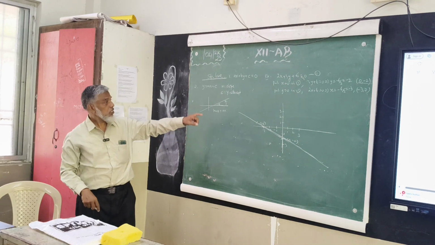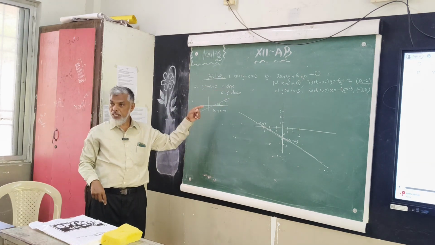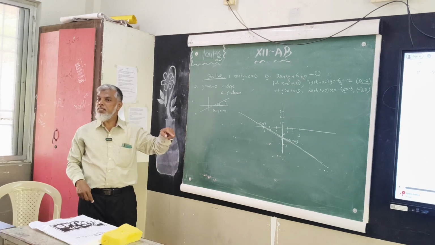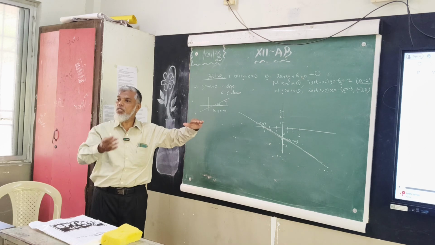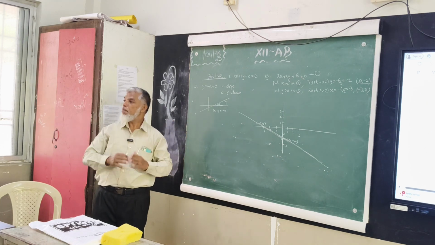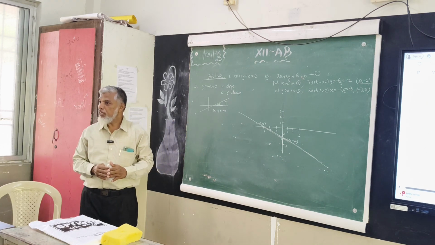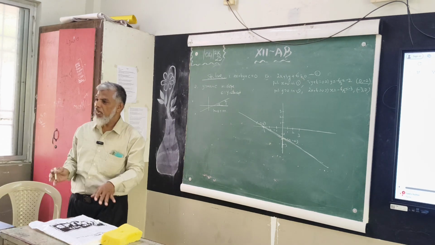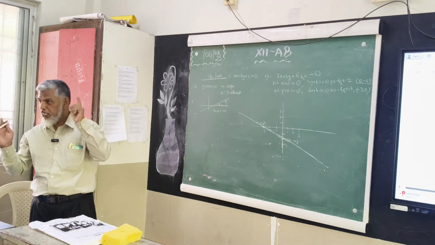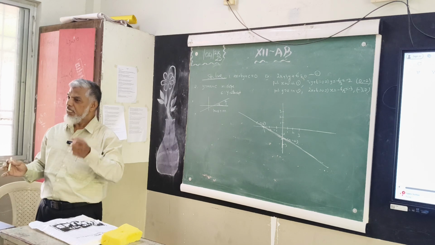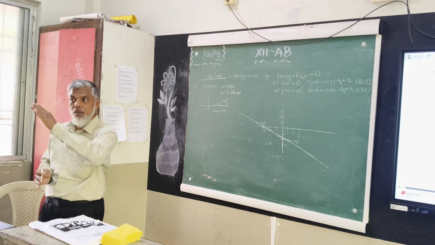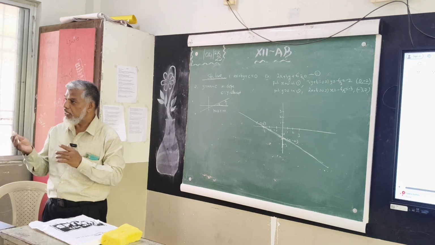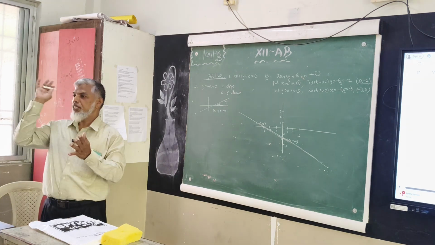Make it clear. What is slope now? It is tan of an angle theta, where theta is the angle made by the line with the x-axis in the positive direction. But don't say it is a constant. M is slope, which is tan of the angle theta made by the line with the x-axis in the positive direction.